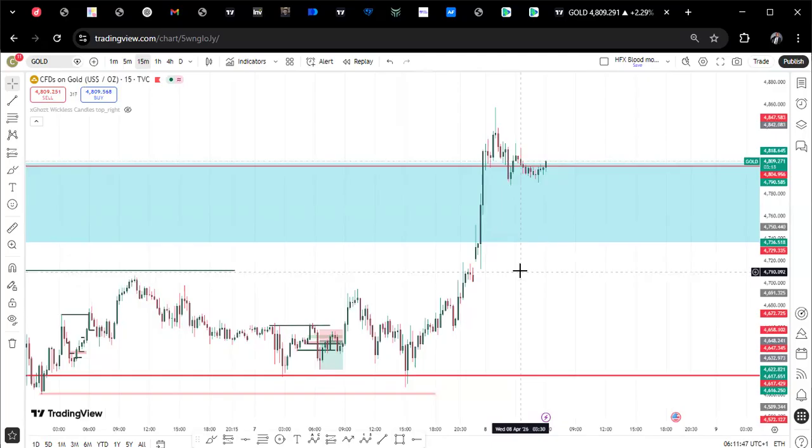TradingView is a charting platform. You analyze the market, draw support and resistance, study for backtesting, seeing the behavior of the market over time, right?